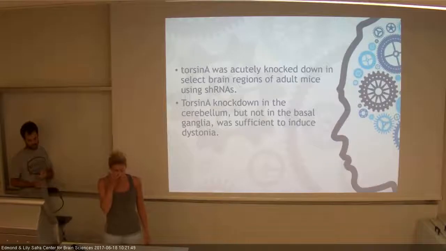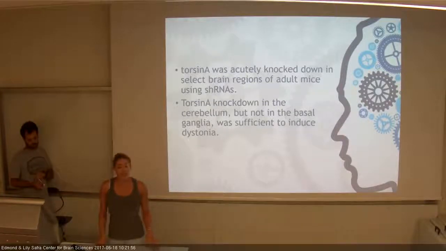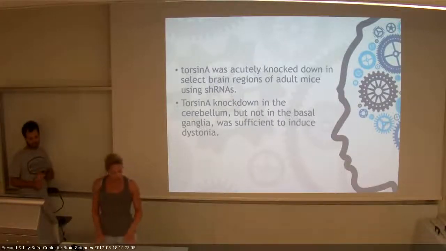And so they did a knockdown of the tyrosine A. At the beginning, they tried to do a knockout of the gene, and they saw that it's lethal, so there are no mice. So they did only a knockdown of the gene, and they got abnormal motor symptoms.